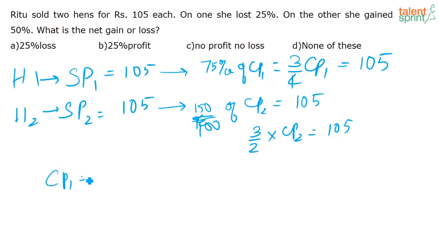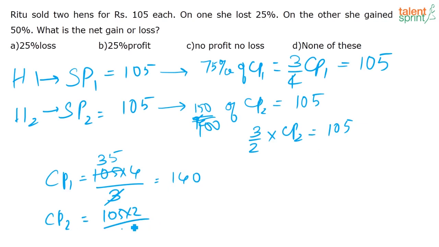So what is the cost price of the first hen? It is nothing but 105 into 4 by 3. 105 by 3 is 35, am I right? 35 into 4, so this is equal to 140. Cost price of the second hen is 105 into 2 by 3. 105 by 3 is again 35, and 35 into 2 is equal to 70.